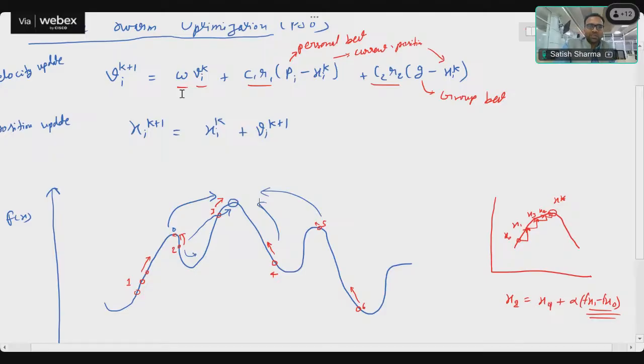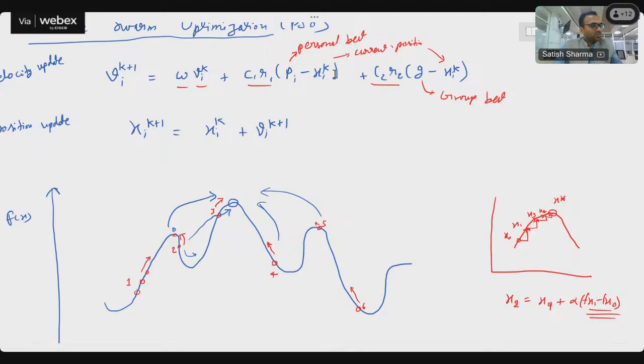The first term is basically like inertia of the velocity: if you are moving in a particular direction, the movement we would like to have is in the same direction. But if, because of this initial velocity, the distance is increasing, the other terms will overcome and dominate the initial velocity.